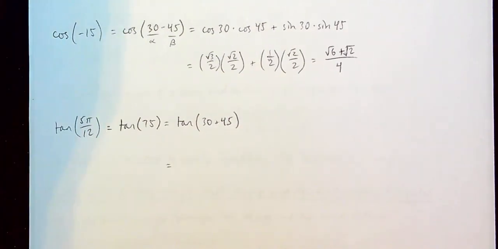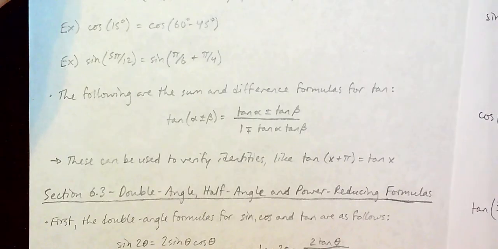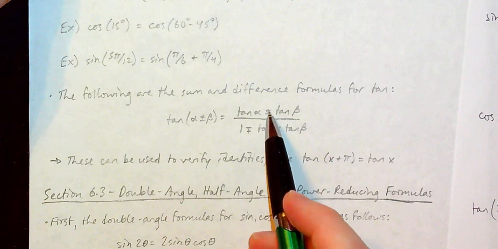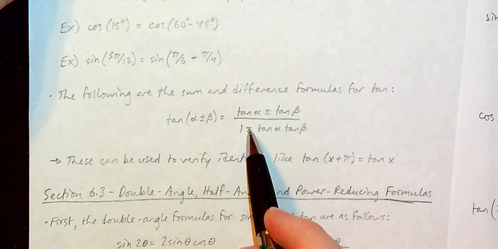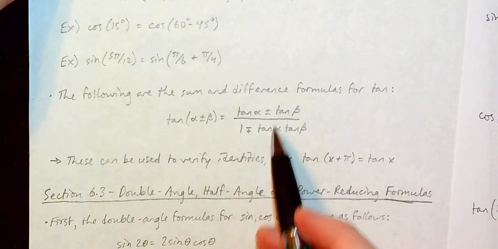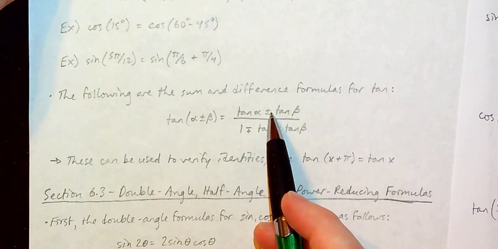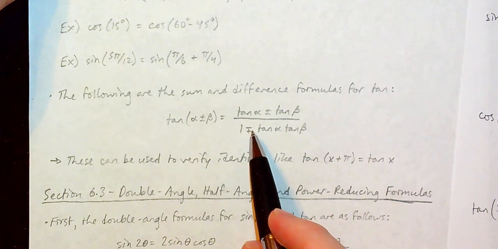So I'm doing the sum of angles here, which means that I'm going to use a plus on the top, because that's the symbol on top here. Plus on the top, and then the symbol that's on the top for the bottom of our fraction here is the minus. So on the top of my fraction, I'm using plus. In the bottom of my fraction, I'm using minus.